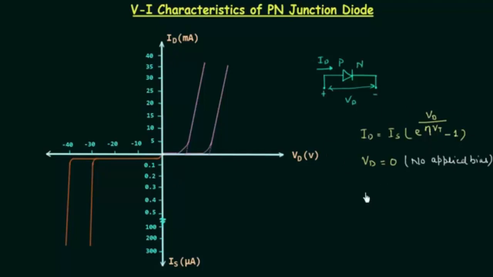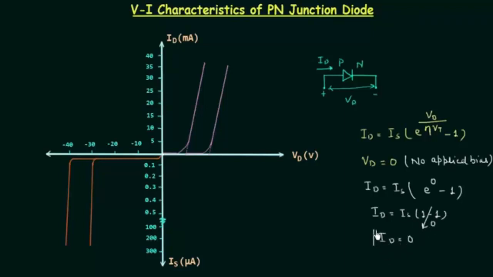I will use this equation, ID equals to IS e raised to power 0, because VD is equal to 0, so we have e raised to power 0 minus 1. Now e raised to power 0 is 1, so we have ID equals to IS times 1 minus 1. 1 minus 1 is equal to 0, so ID is equal to 0.